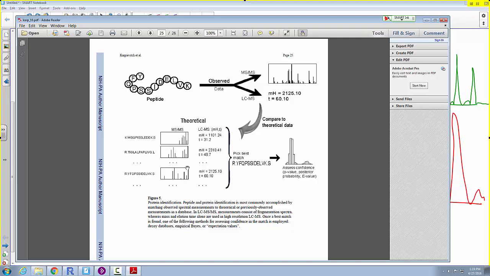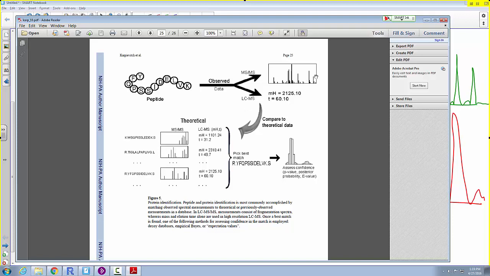A database would contain, for all the different peptides known for rabbits, the theoretical profile, the theoretical fingerprint, the theoretical mass, and the identification step is to compare and match to the best one.